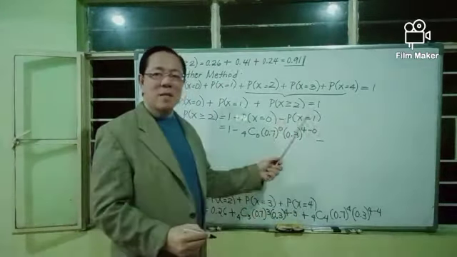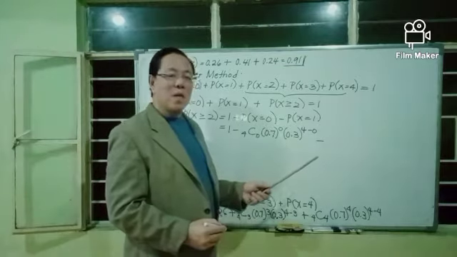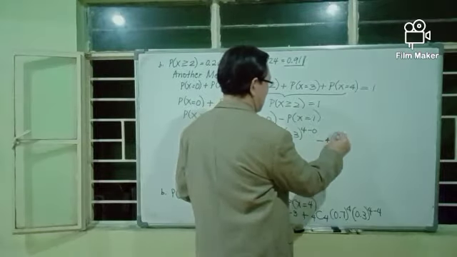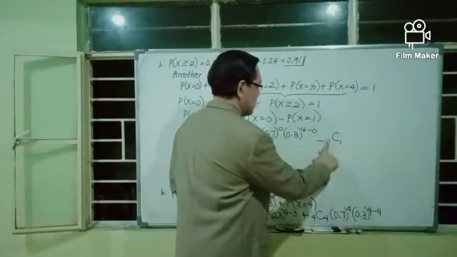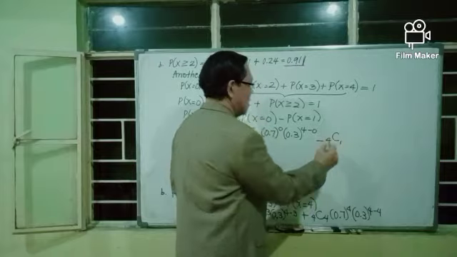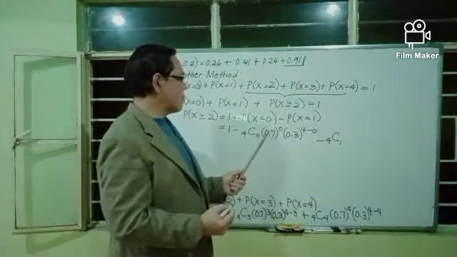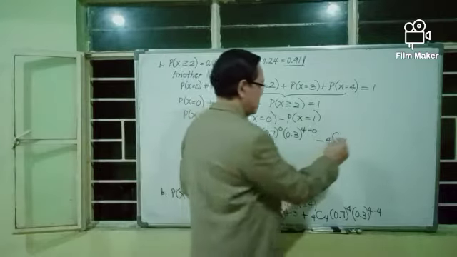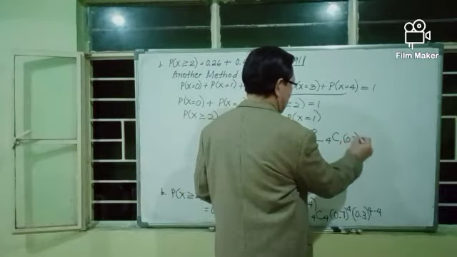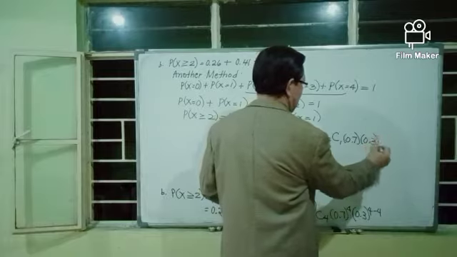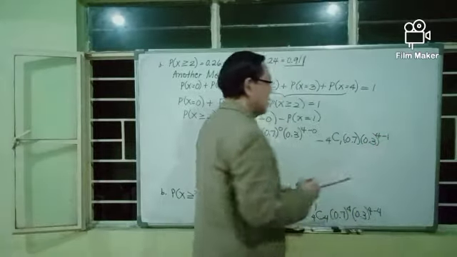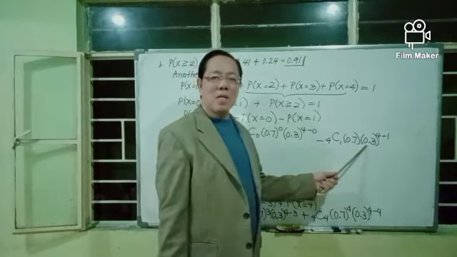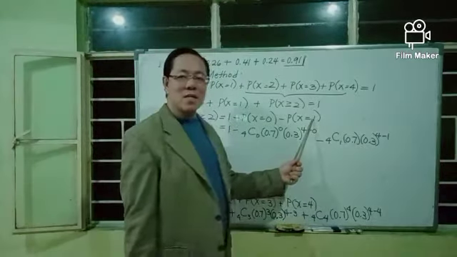Minus probability of x equals 1 is equal to combination of 4 taken 1 times the probability of success, 0.7 to the power x, 1, times the probability of failure, or Q, 0.3 to the power n minus x, where n is 4 and x is 1.